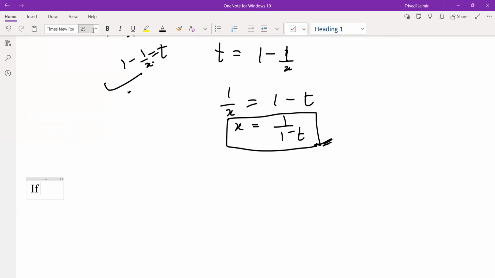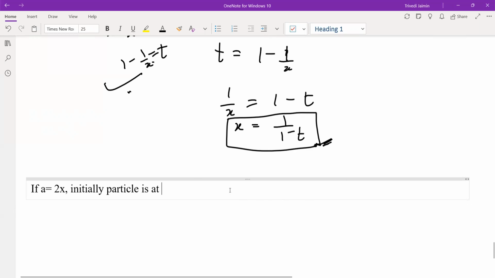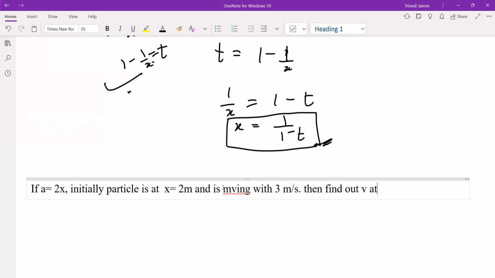If a equals 2x, initially the particle is at x equals 2 meters and moving with 3 meters per second. Find out v at x equals 5 meters.